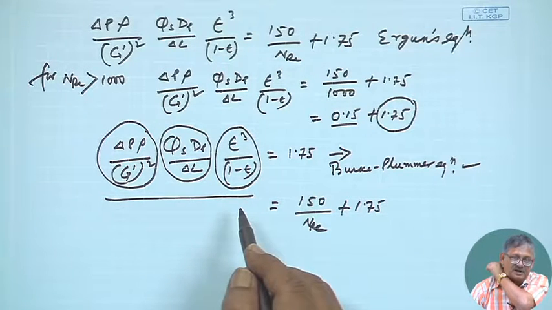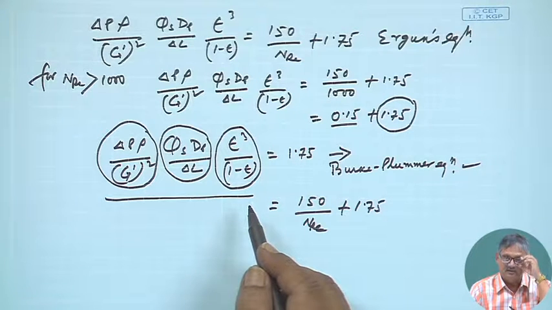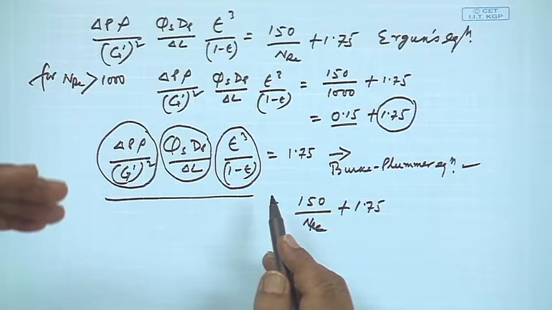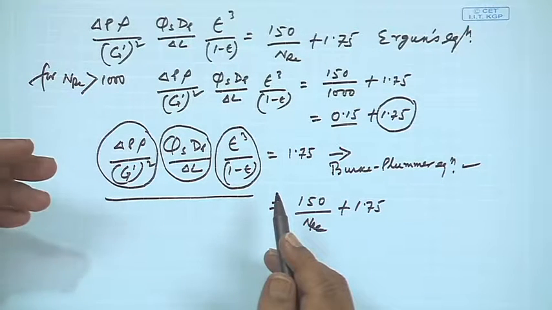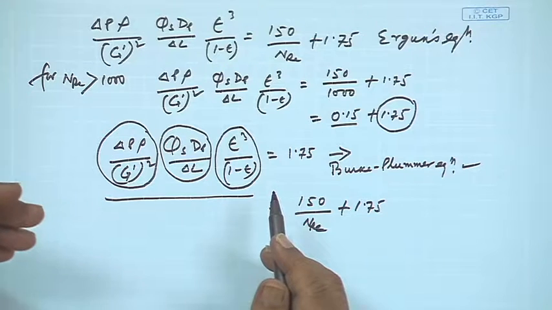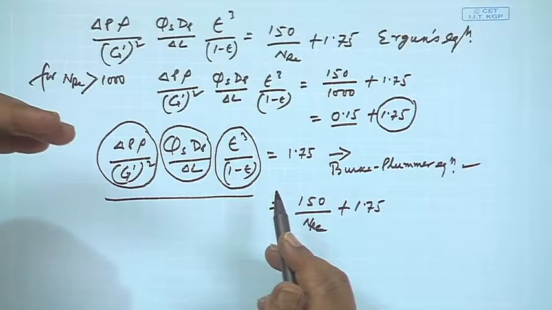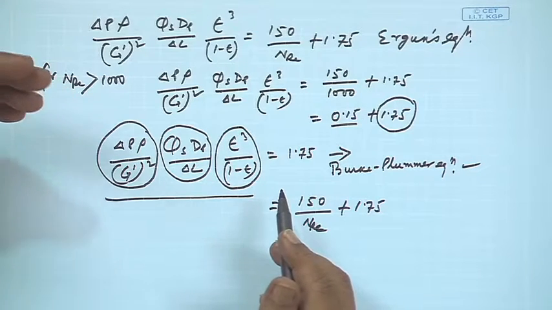From the very basic equation for pipe flow, the Hagen-Poiseuille equation, we derived the Blake-Kozeny equation, and we said that this is valid for NRE less than 10.